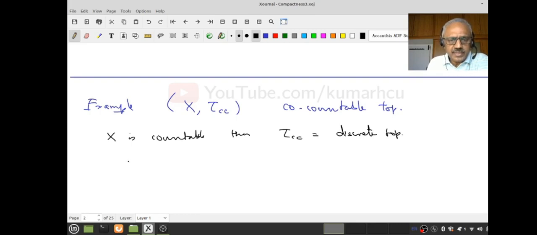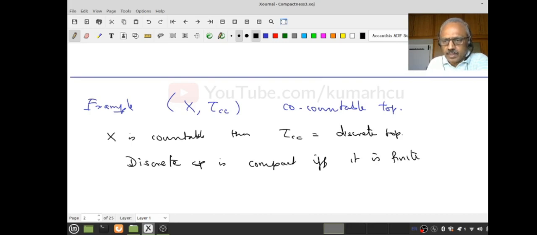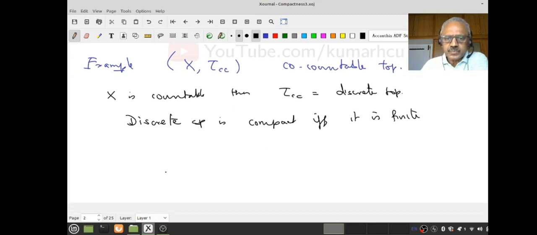And again we have seen a discrete space is compact if and only if it is finite, right? Therefore, when X is countable, we already know all the details about compactness and non-compactness. So let us assume X is uncountable.